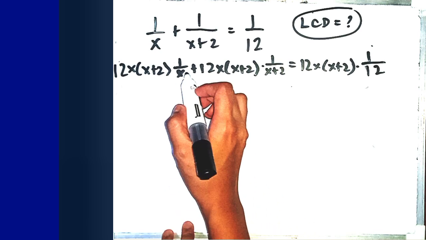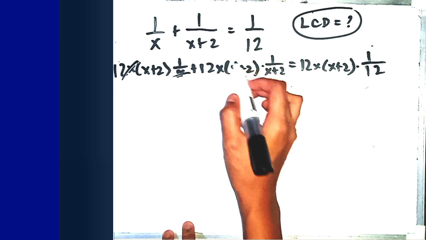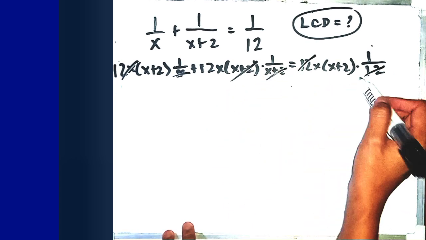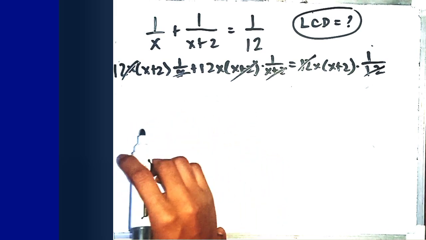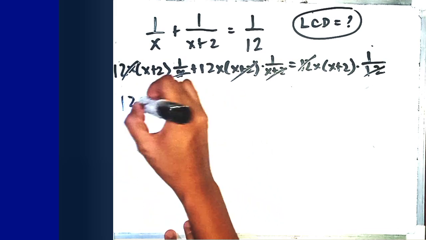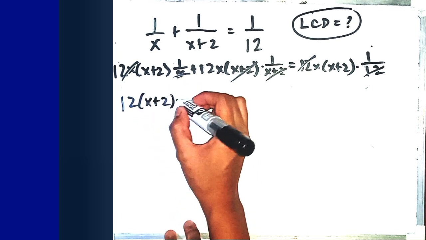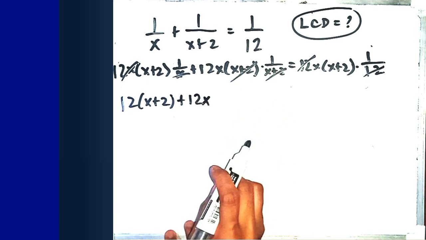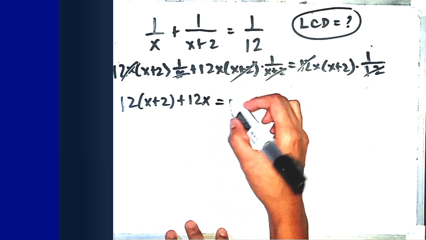Okay, so the x and x will be cancelled, x plus 2 and x plus 2, 12 and 12 will be cancelled. So the one that will be left is, that will give us 12(x plus 2) plus 12x is equal to x(x plus 2).